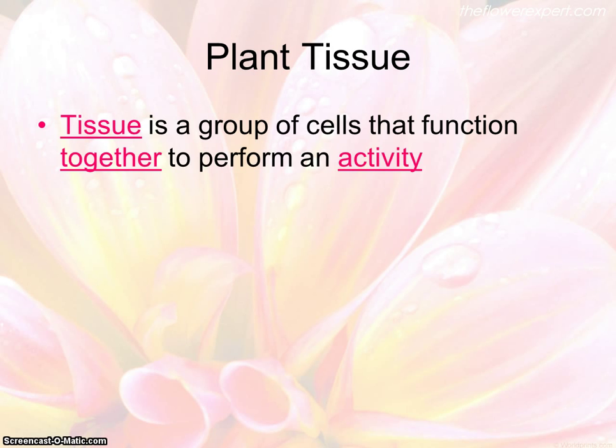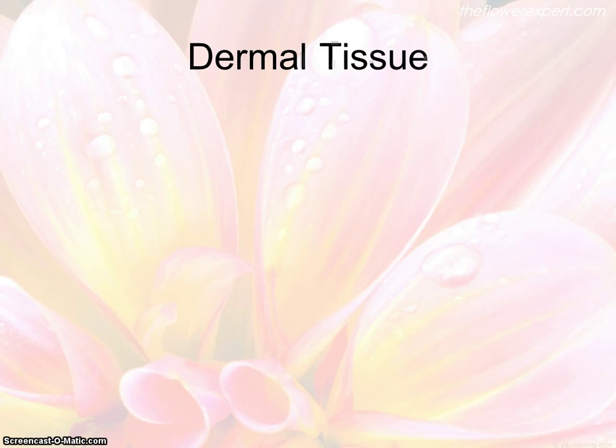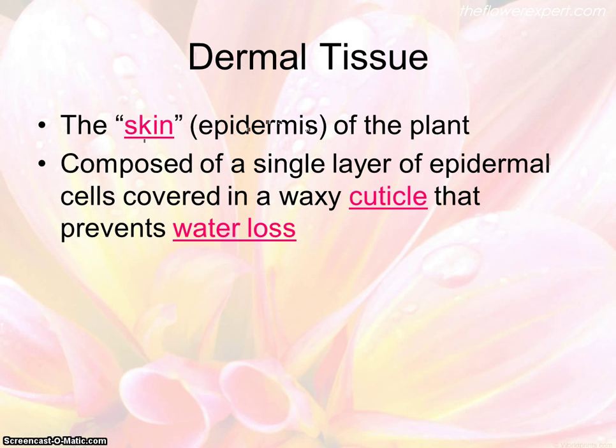All right, so let's start looking at types of plant tissue. The dermal tissue is going to be the skin. Okay, the skin is the epidermis, epi meaning outer layer, dermis meaning skin. So the dermal tissue is the skin of the plant. It's a single layer. Okay, it's made up of something called a cuticle, the outer layer, and it's a waxy layer.